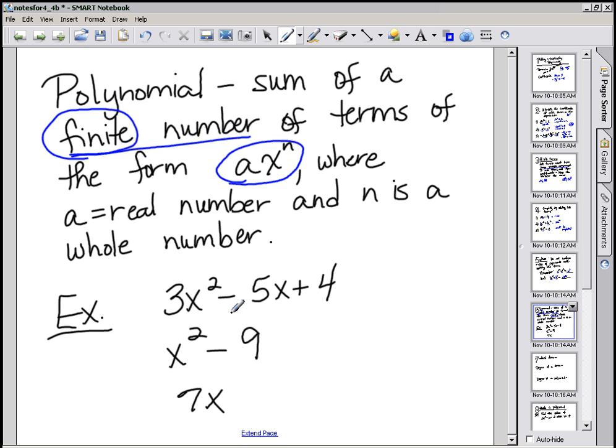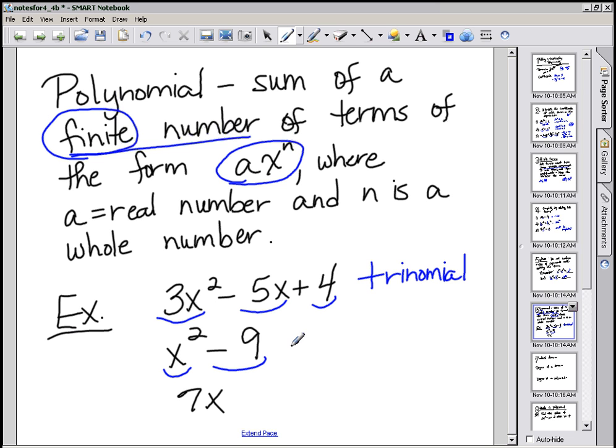How many terms are there in that polynomial? There's 1, 2, 3. And so the polynomial has 3 terms. We sometimes call that a trinomial. For x squared minus 9, this has 1, 2 terms.